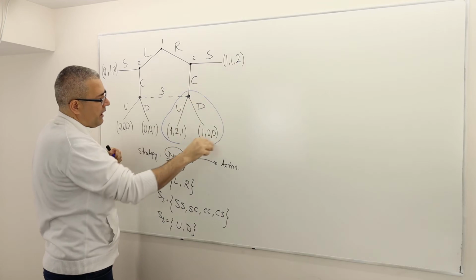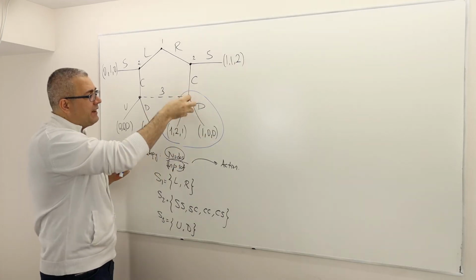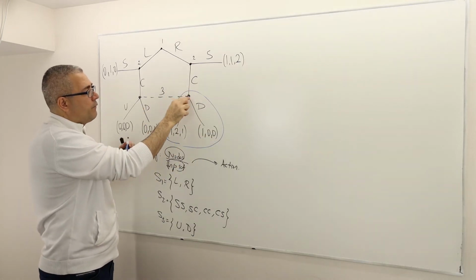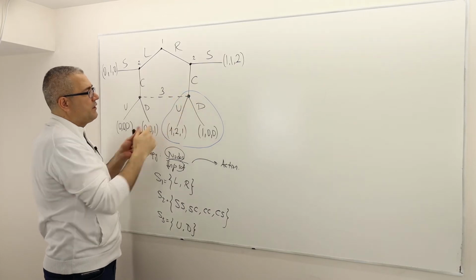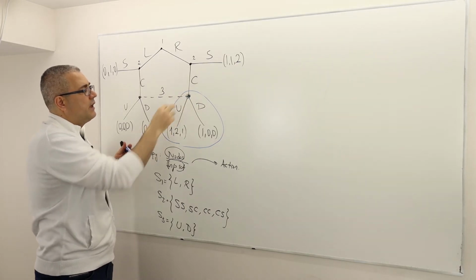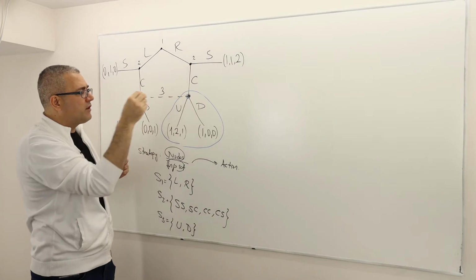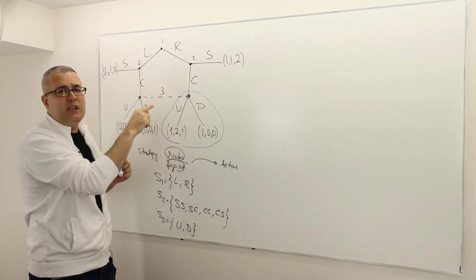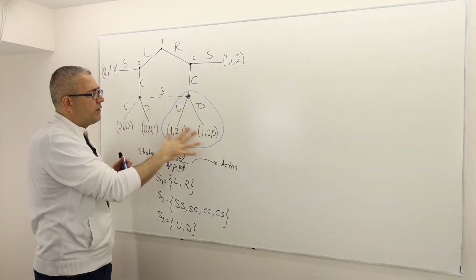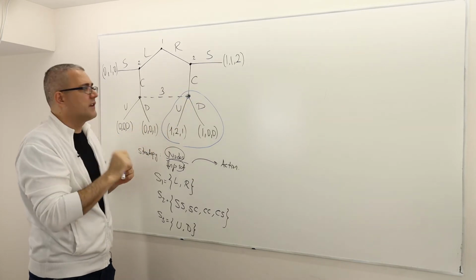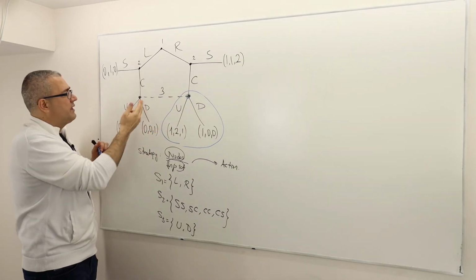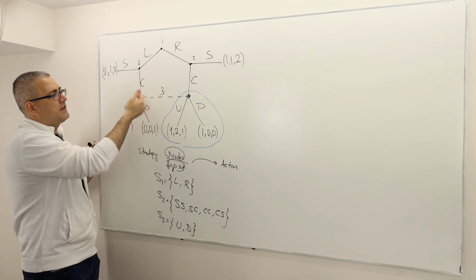Is this a subgame? Meaning, when I pick this part of the game from this decision node that belongs to player 3, is this really a subgame? Well, not really, because you're going to be breaking this info set. So therefore this part of the game is not a subgame. With exactly the same reasoning, this part of the game is not a subgame either.